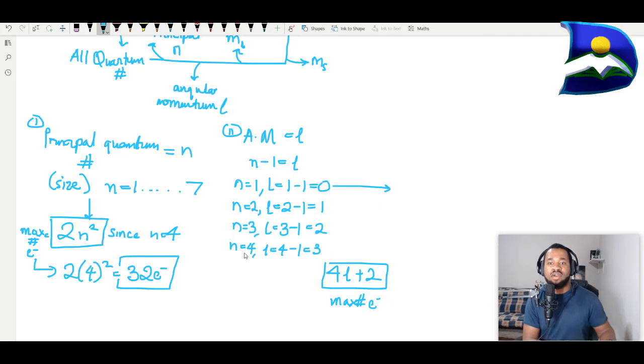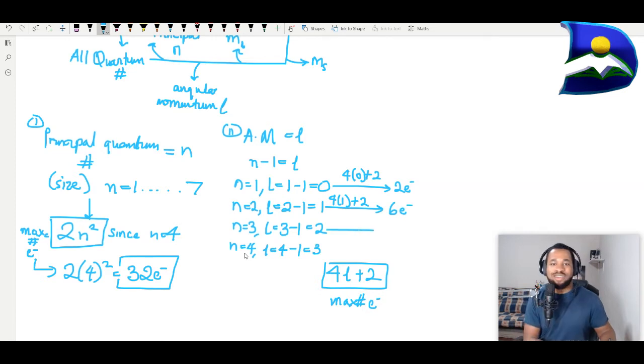That means you have 4 times 0 plus 2. That will give us, in this case, 2 electrons is the maximum number of electrons that will be found in that particular level. And for this next one here, 4 times 1 plus 2, that will give us 6 electrons.